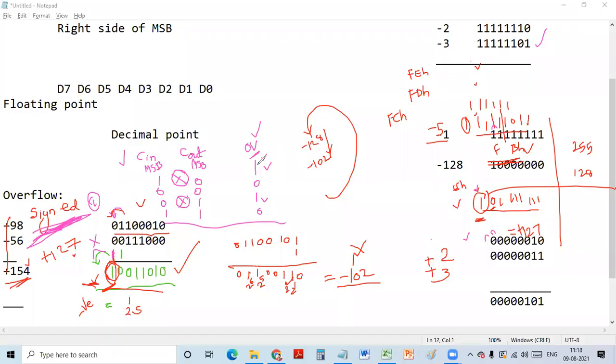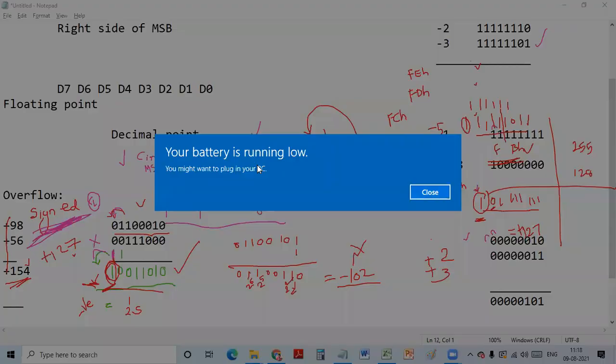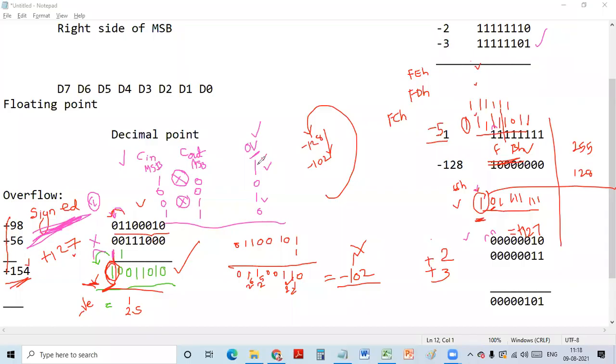Initially we learn how to perform the basic arithmetic operations on sign magnitude integer data, and later we extend it to sign complement representation.